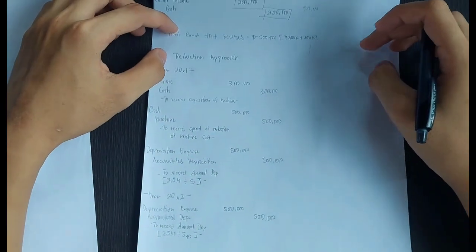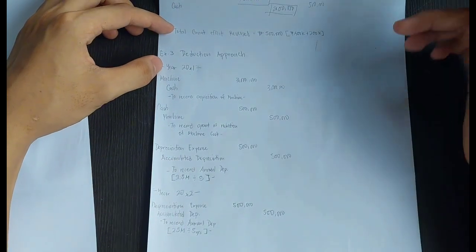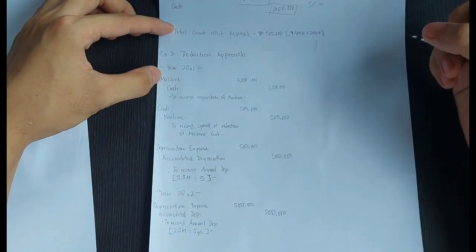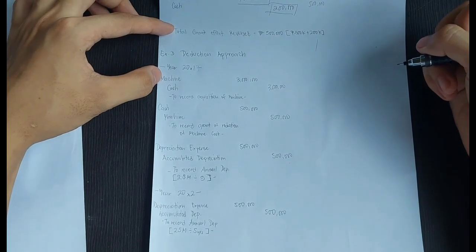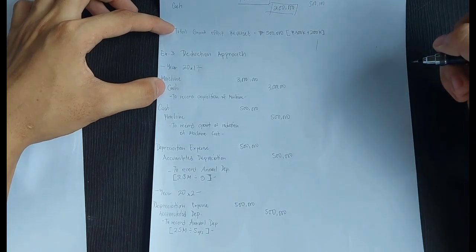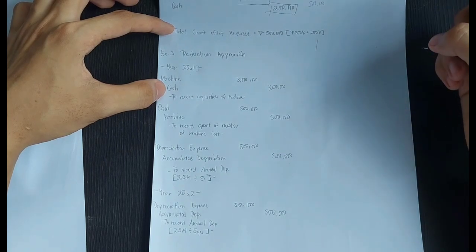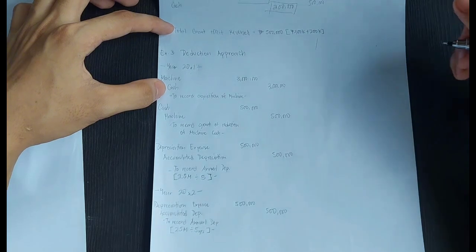So for the deduction approach, for the year 20x1, we simply record credit machine for 3 million and cash for 3 million. It is simply to record the acquisition of the machine by the Raquel company, costing 3 million.